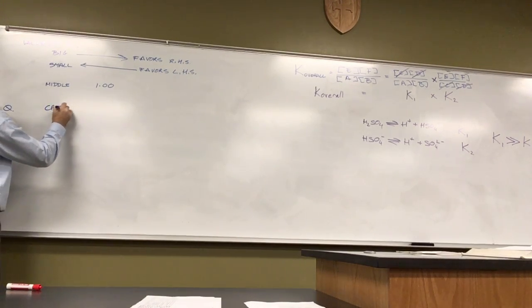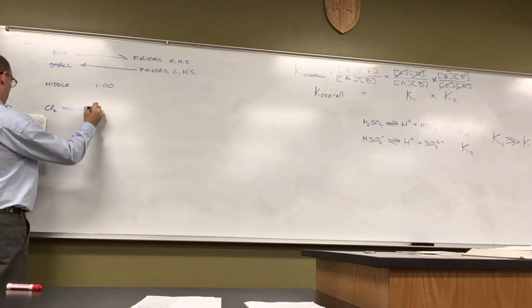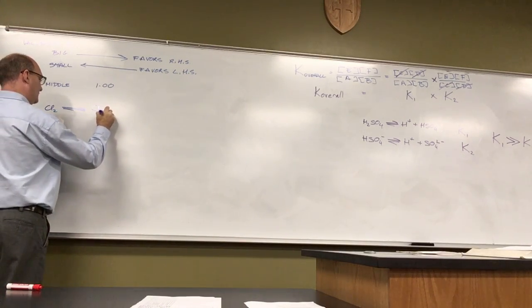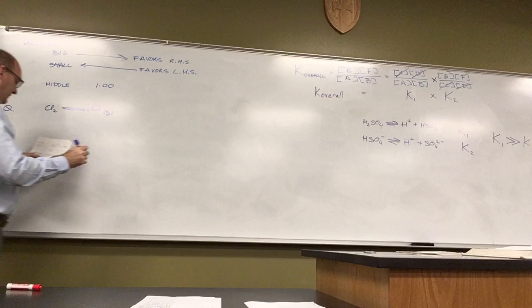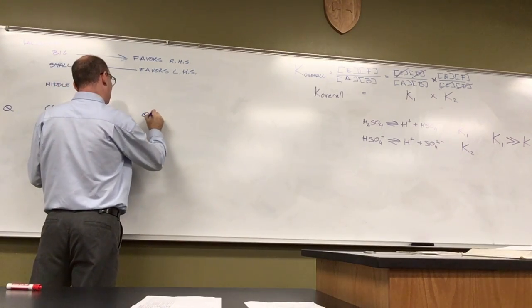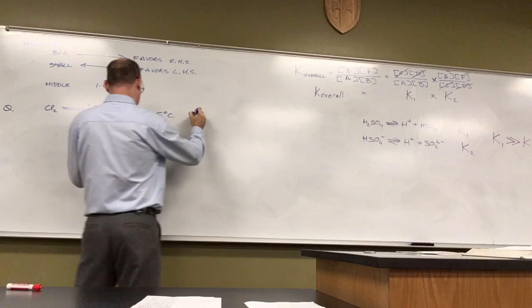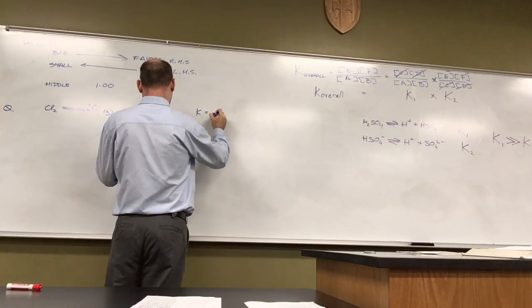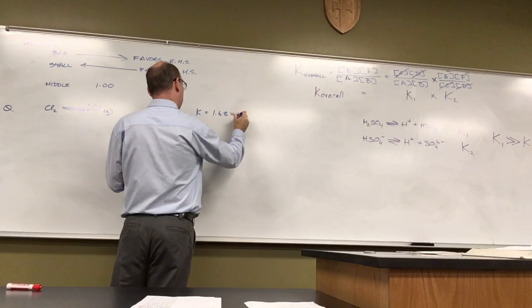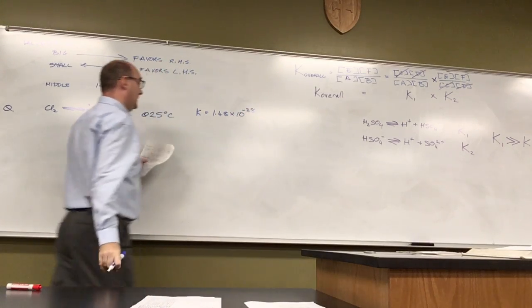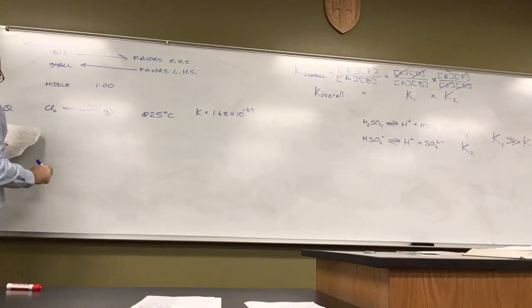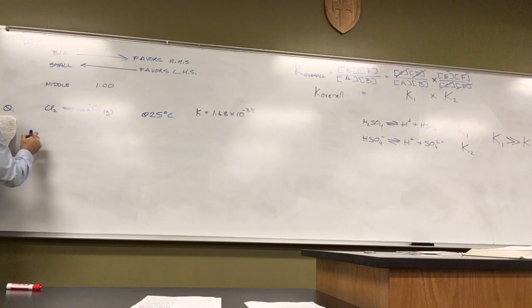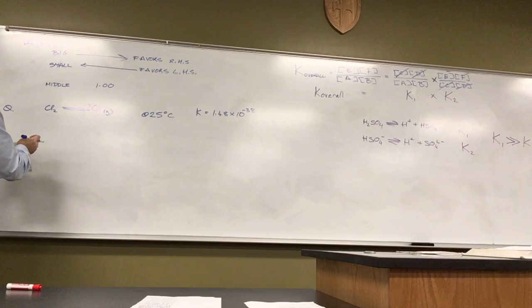I have an equilibrium that says chlorine gets converted into 2 chlorine atoms in the gas phase, and that at 25 degrees Celsius, K equals 1.48 times 10 to the negative 38, no units. Really, really small number. So, what am I looking for?